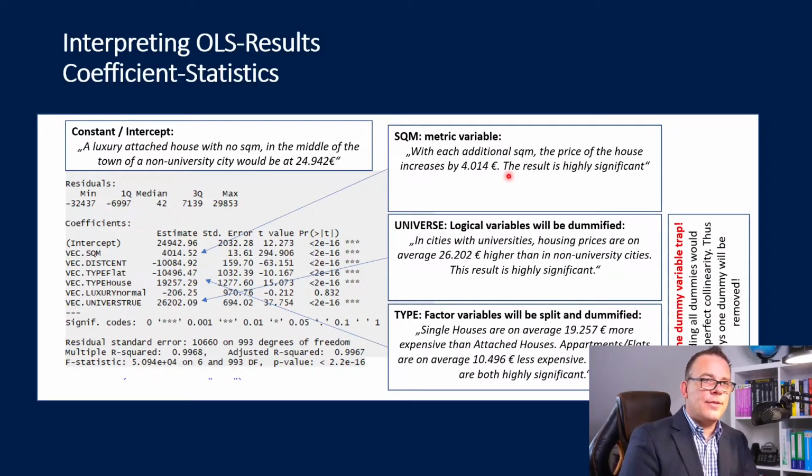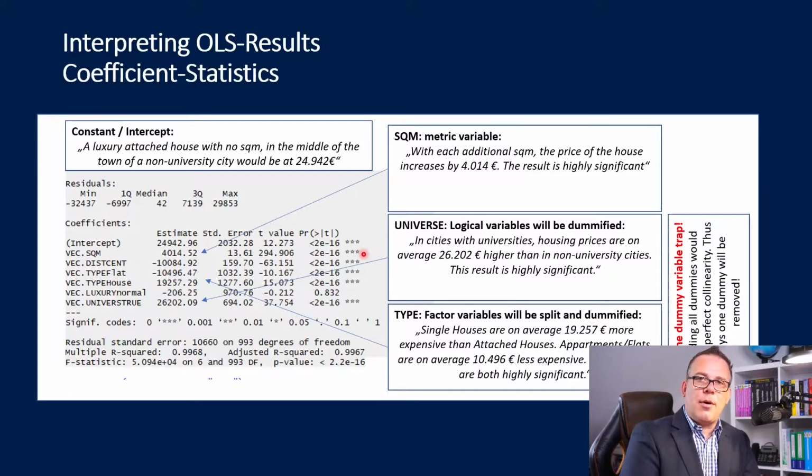In other words, if the result is highly significant, we typically support the alternative hypothesis and we reject the null hypothesis. The null hypothesis of these tests performed here is that the coefficient is 0.